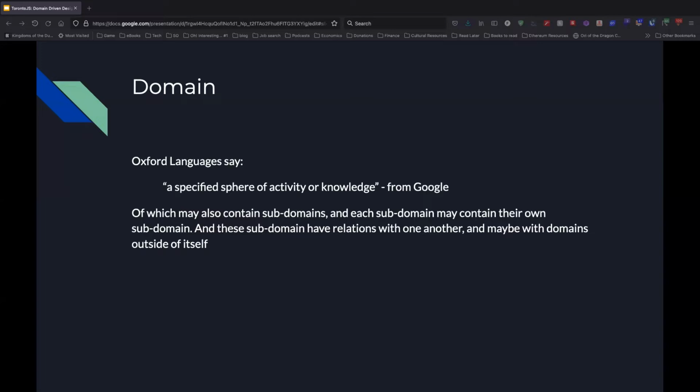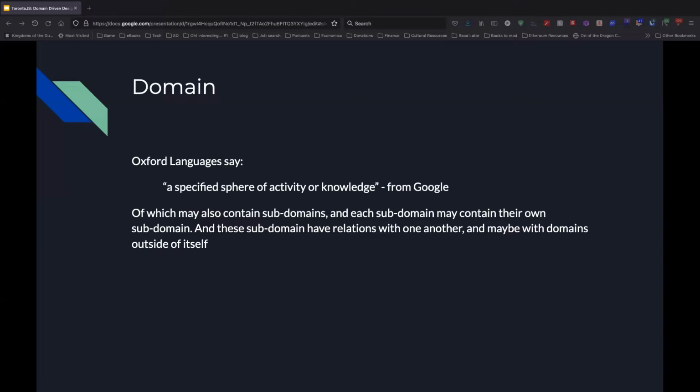So let's start with domain. I took this from Oxford Languages. A domain is just a specified sphere of activity or knowledge. And funnily enough, domains can nest. You have a sphere of knowledge or activity, say science. Inside science, maybe there's something more specific, which is chemistry.